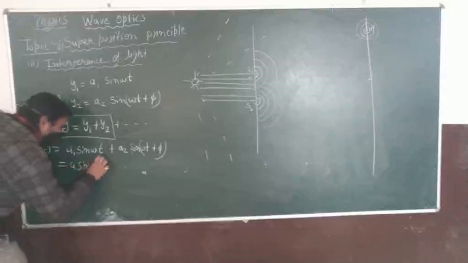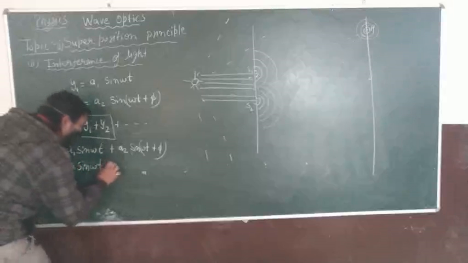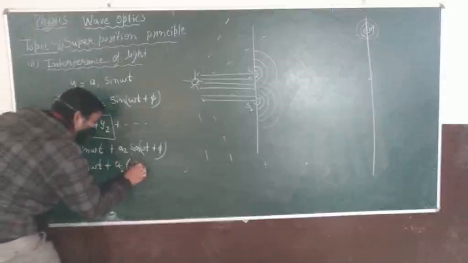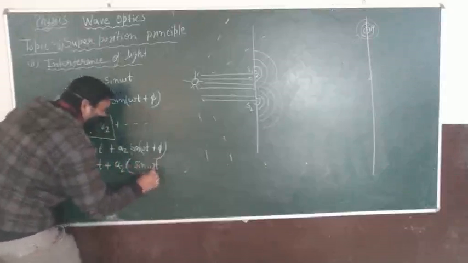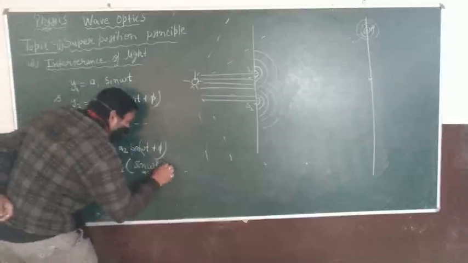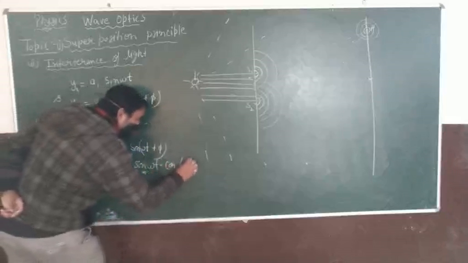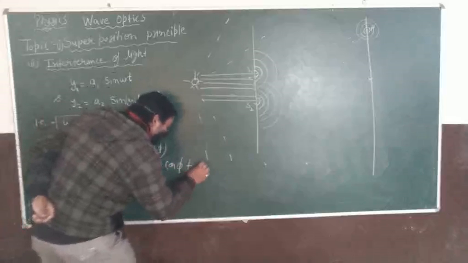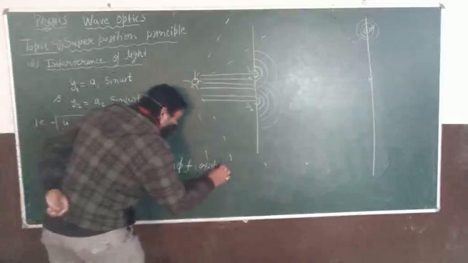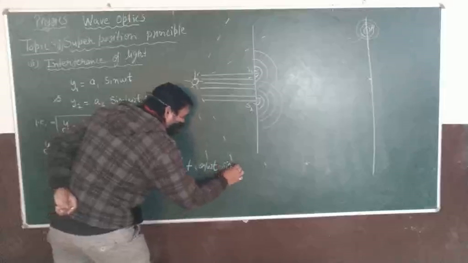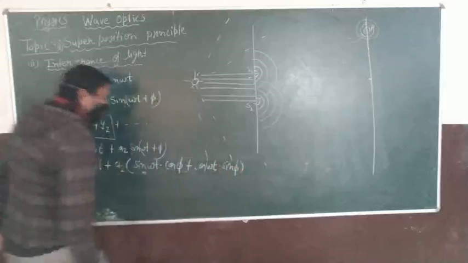A1 sin omega t plus A2 sin omega t cos phi plus cos omega t sin phi. Is it clear?